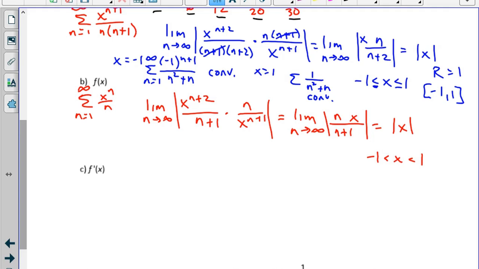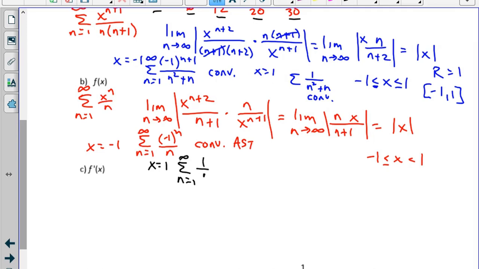If I check the endpoints at x equals -1, I have the sum of n equals 1 to infinity of -1 to the n over n. And I know that converges by the alternating series test. So I need to put an inclusive sign there. And then at x equals 1, I have the sum of n equals 1 to infinity of 1 over n, which diverges because it is the harmonic series.